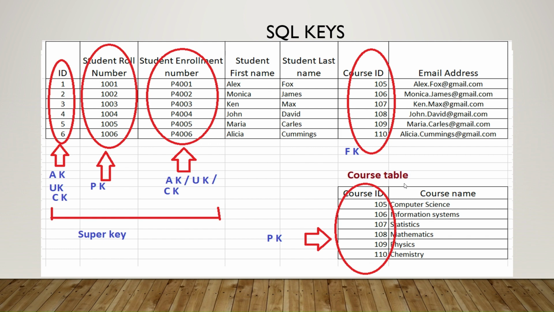If we need the course name for a student who took a particular course ID, and we want more information, in that case, we join the student table with the course table to fetch the course names. Whenever we need additional information from another table, we use these foreign keys to join.